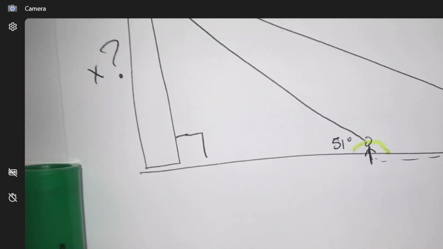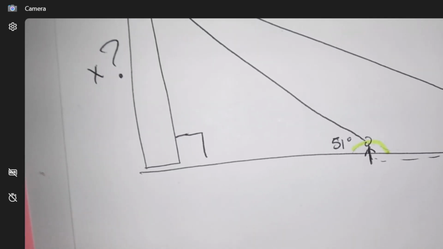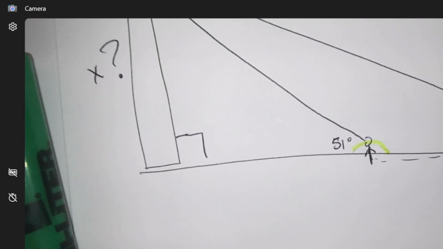Okay, those are supplementary. They're on a line, and a line always contains 180 degrees on it.